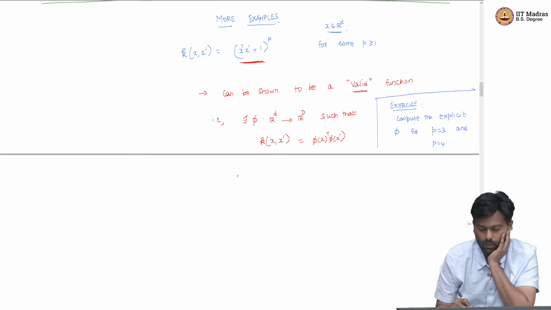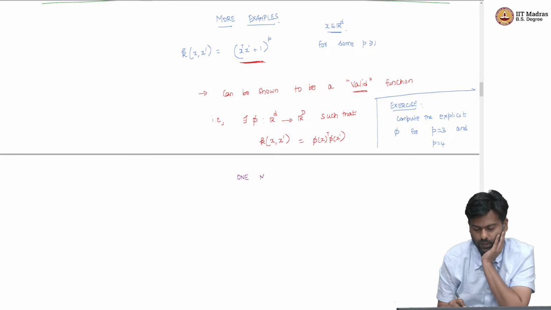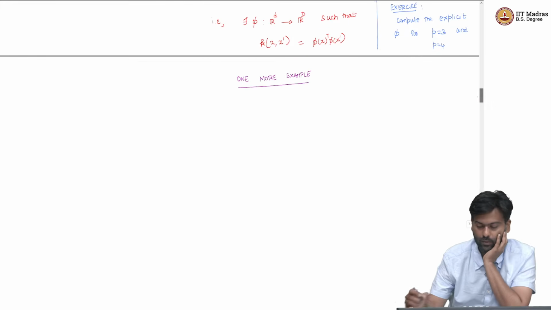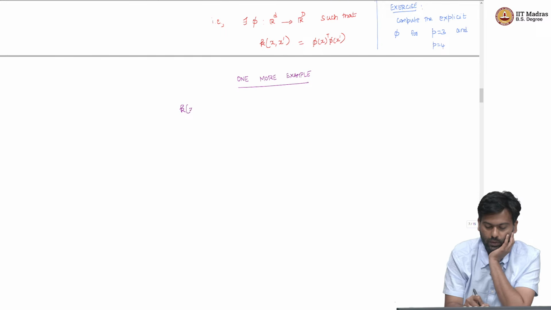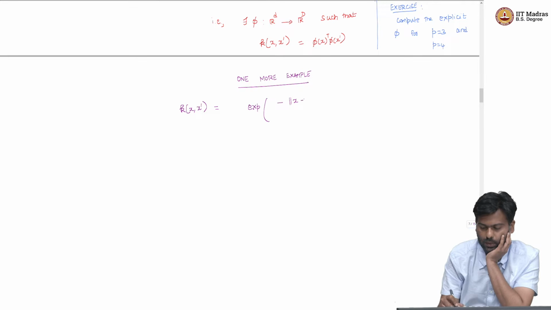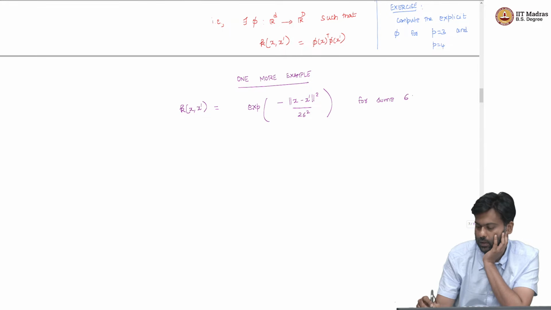Okay, one more example, and this is perhaps another famous mapping that people typically use in machine learning, is the following, right. Your k of x comma x prime in this case is e power minus the squared norm of x minus x prime by 2 sigma squared, for some sigma greater than 0.